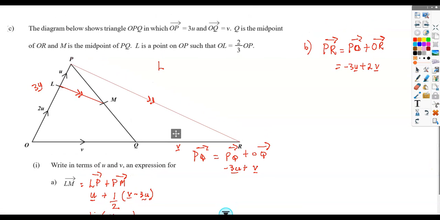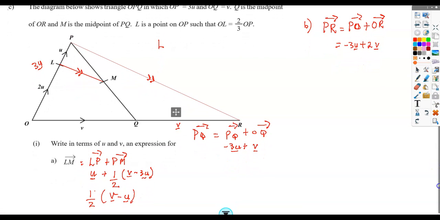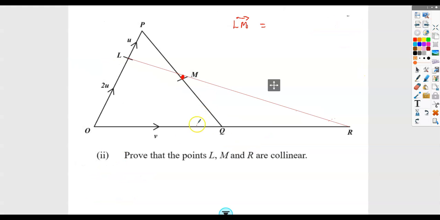LM was a half V minus U. So we have found LM as half V minus U. So to prove that they are collinear, we need to find LR and prove that LM and LR have the same ratio. We know that LM was a half V minus U.